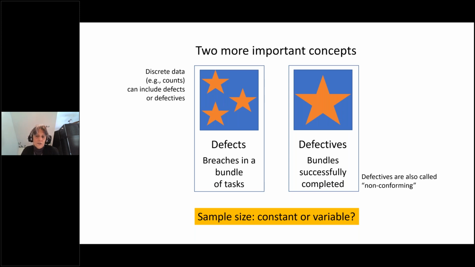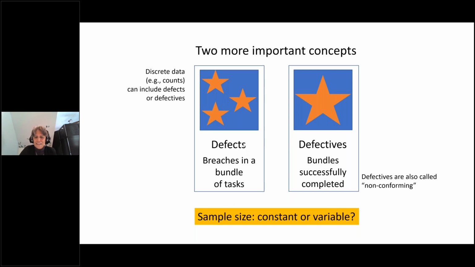But you can also look at it as non-conforming, so it could be something that's not bad, but actually good. One way we could use that is if you're teaching people how to do a bundle of tasks and they do all of them correctly. Then they have accomplished a non-conforming data point.